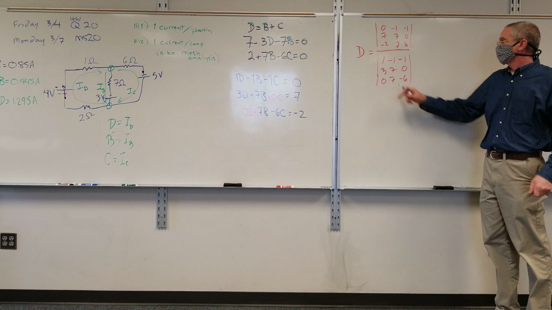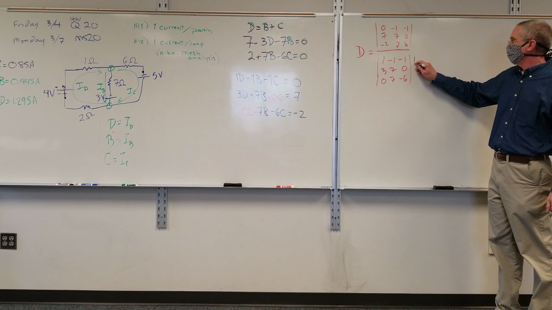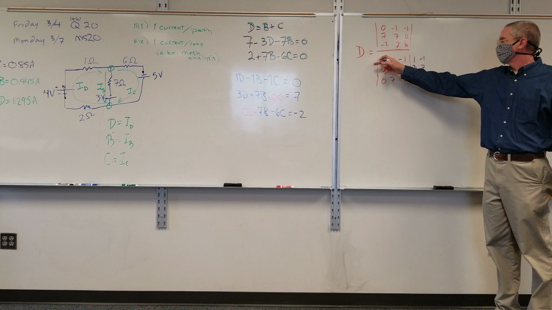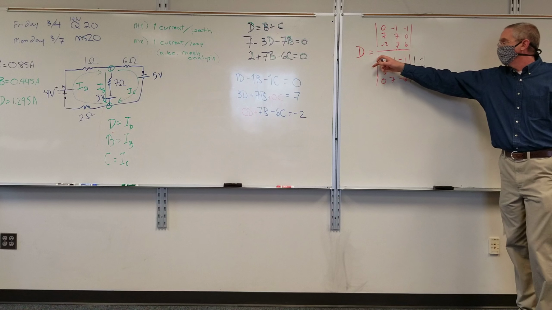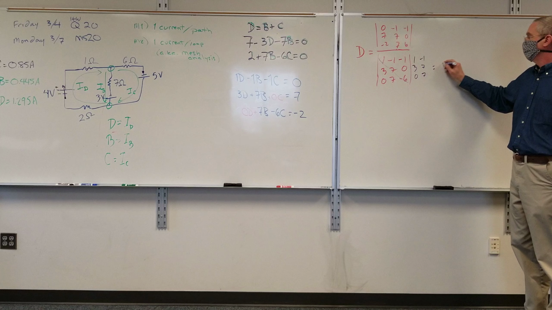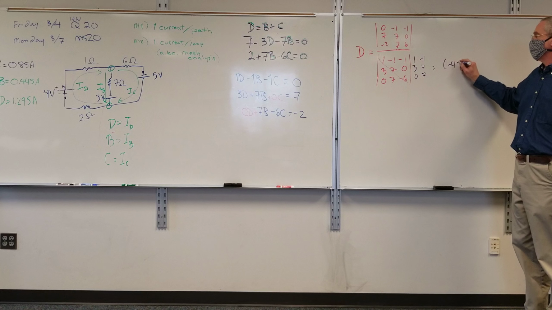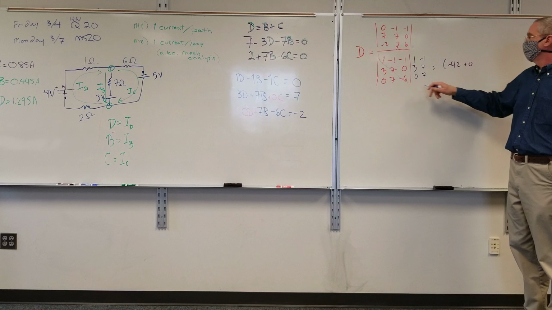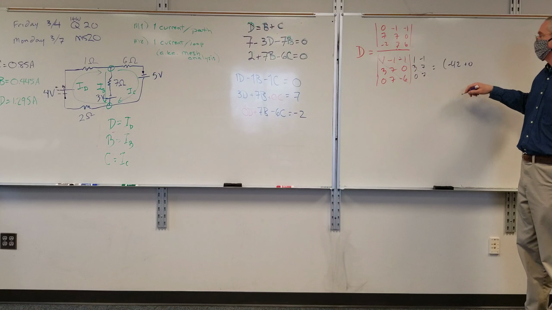So the denominator, I'm just going to repeat the first 2 columns, -1, 7, 7, and then multiply those together. 1 times 7 times -6 is -42. 1 times 0 is 0. -1 times 3 times 7 is -21.